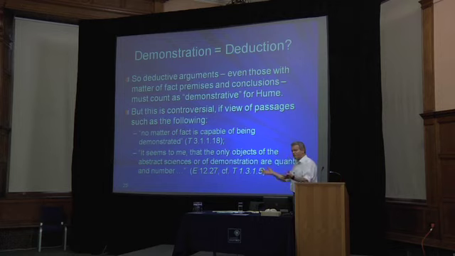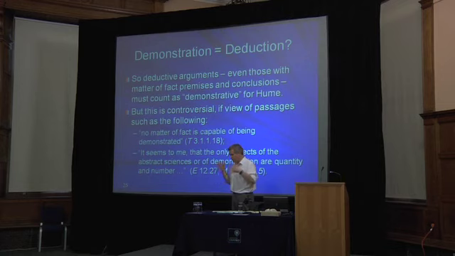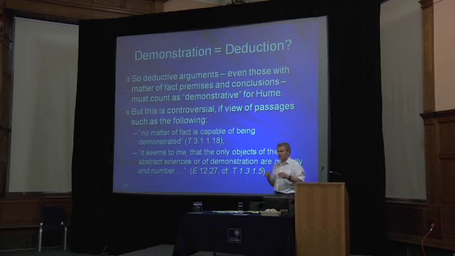Incidentally, when I use deductive in relation to Hume, I always mean deductive in an informal sense, all right? Forget your formal logic here. Deductive means such that it's not possible for the premises to be true and the conclusion false. Okay? It's nothing to do with formal validity in the senses of P's and Q's and that kind of stuff.